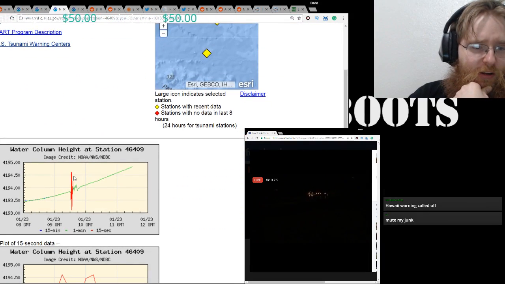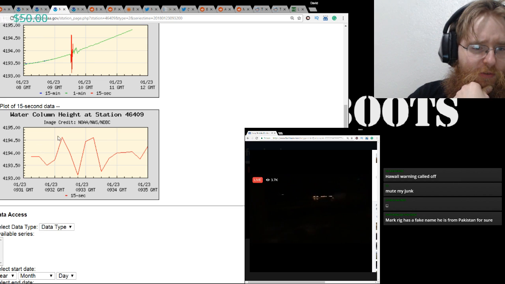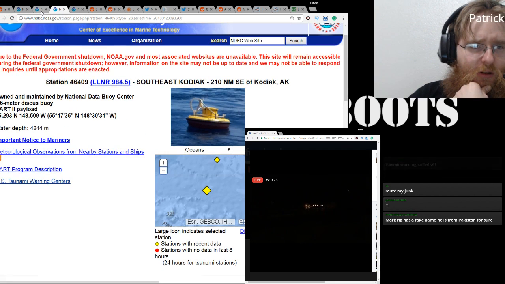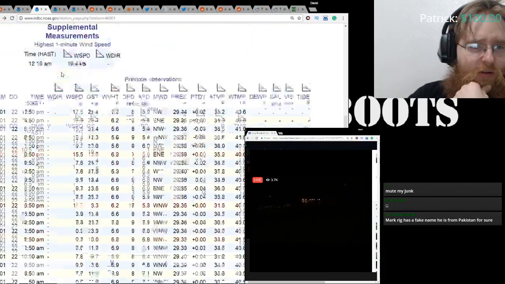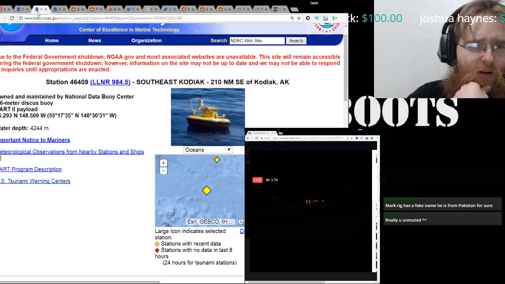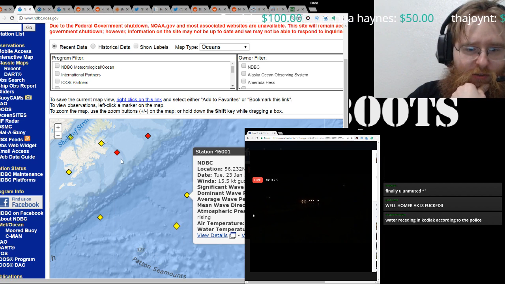Southeast of Kodiak. It's definitely detecting some fluctuation there. So yeah, it looks like, with that one... How did I pull that one up? Go figure.